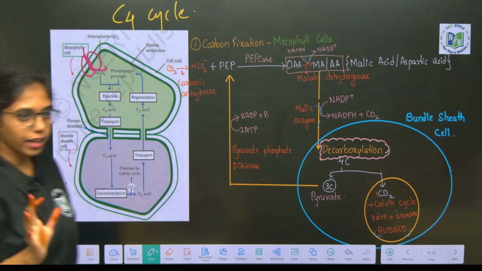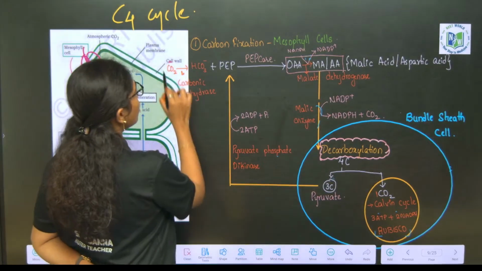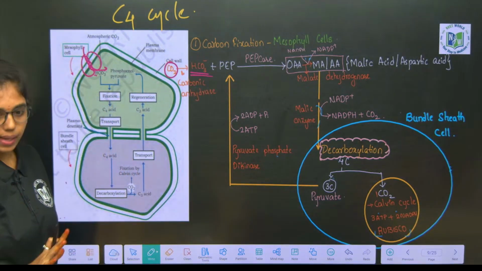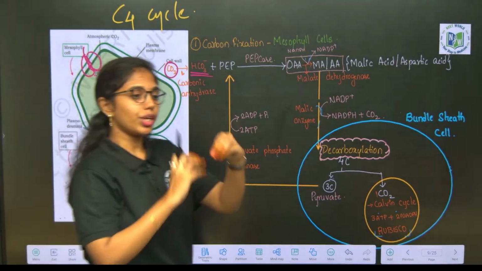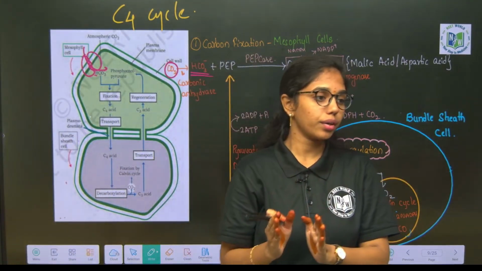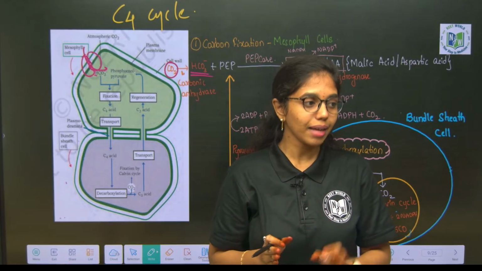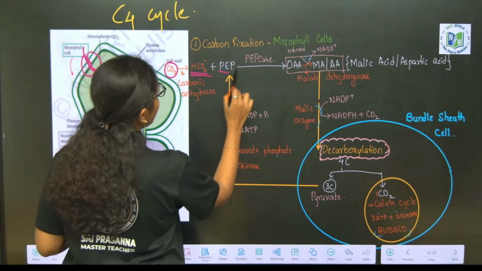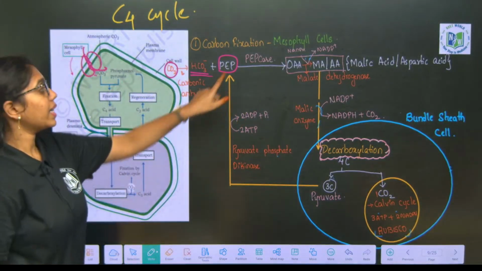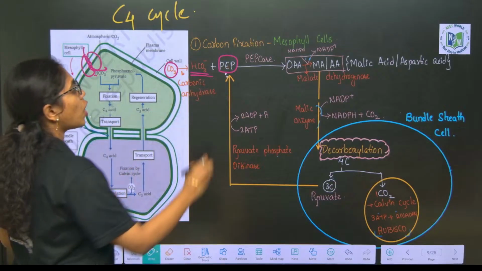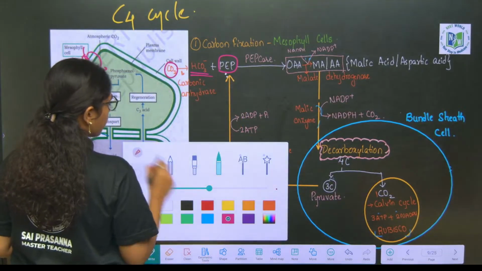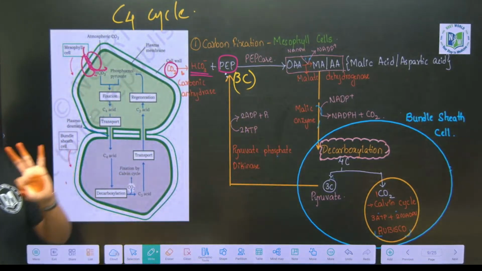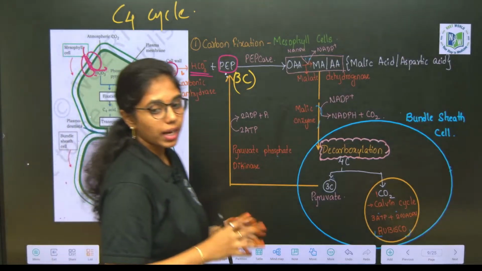That carbon dioxide is converted to hydrogen carbonate by the carbonic anhydrase enzyme. This hydrogen carbonate is accepted by the primary acceptor, phosphoenol pyruvate, which is a 3-carbon compound. What is the primary acceptor in the C3 cycle?